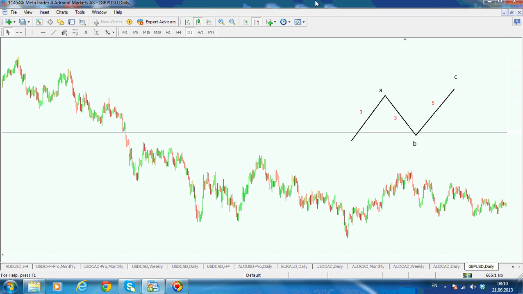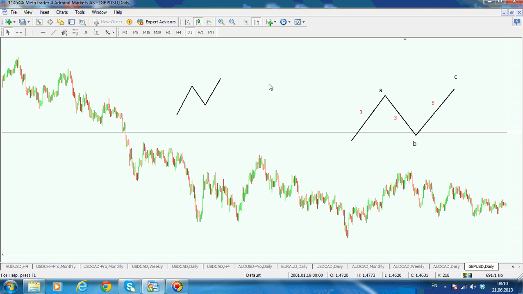So, for example, the flat structure that you are seeing here is the classical textbook type of flat. But in reality, a flat can look something like this, for example. Something like this, or like this, or like this.